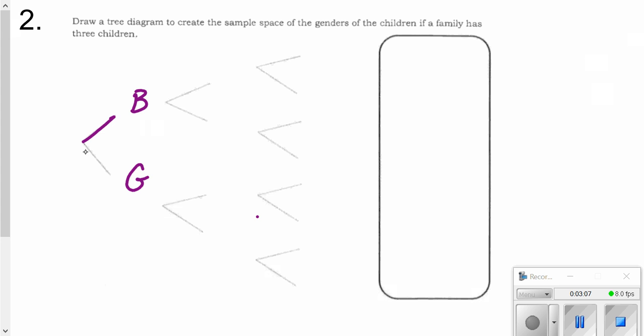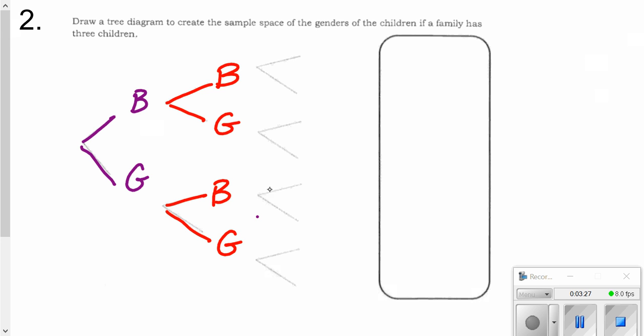And so this part of the branching is that first child. I'm going to put the second child in red. So if my first child was a boy, the second child still could be a boy or a girl. And if the first child was a girl, the second child has those options as well.